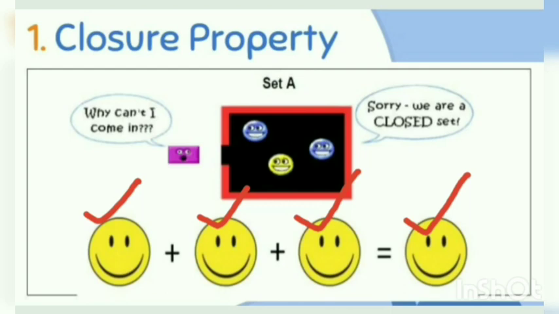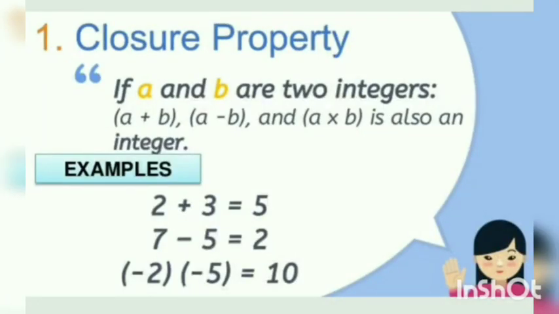But suppose after adding two squares we get a rectangle shape, then what will we say? In that case the squares are not following the closure property. Yes, we had discussed the closure property with the help of a diagram firstly.